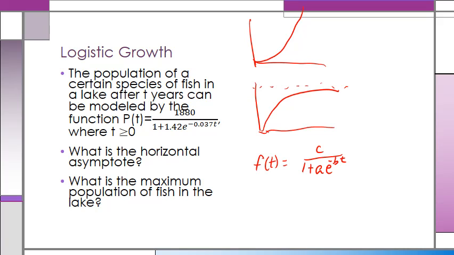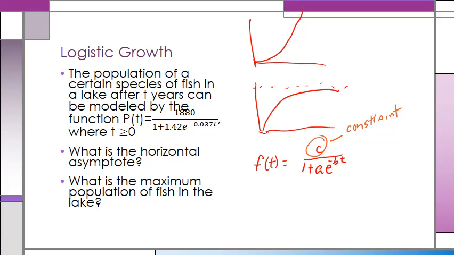And this c here is a constraint. In the case of population, we're not going to exceed that amount, and that forms a horizontal asymptote and defines the maximum population.